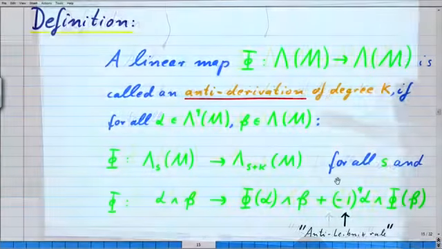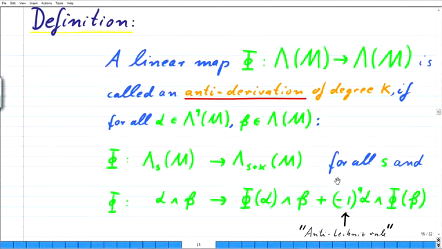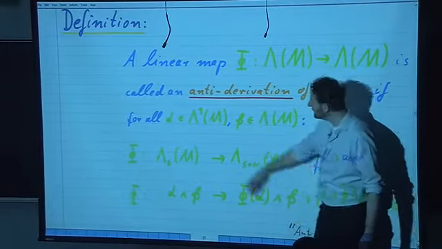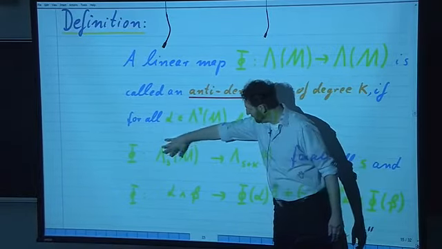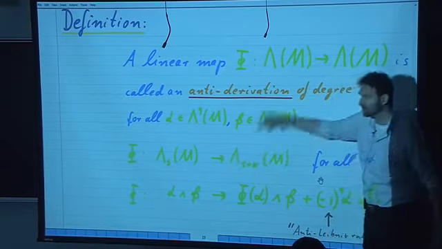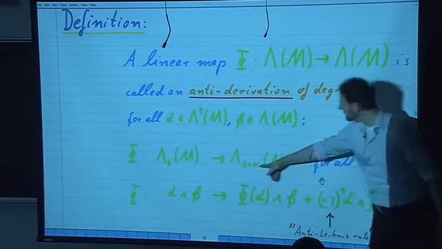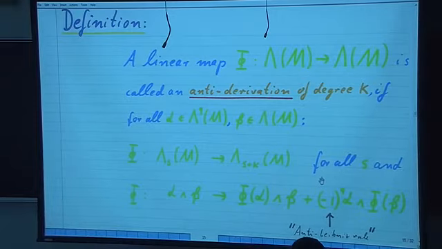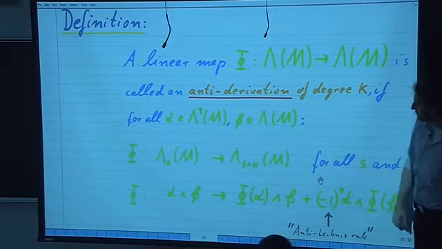A linear map phi of differential forms into differential forms is called an anti-derivation of degree k if, let's say it maps S forms into S plus k forms, that's the usual definition as before. The k determines what degree the anti-derivation is. But now the Leibniz rule is a slightly different one.